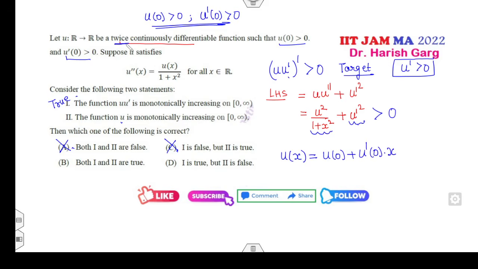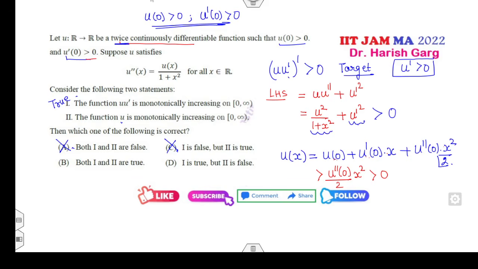It's only twice differentiable, so I can say plus u double dash of 0 into x square divided by 2 factorial. We have u of 0 greater than 0 and u dash of 0 greater than 0, so u dash of 0 into x is greater than 0. That number, u double dash of 0 divided by 2 into x square, will be greater than 0.